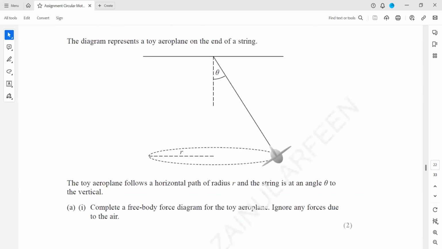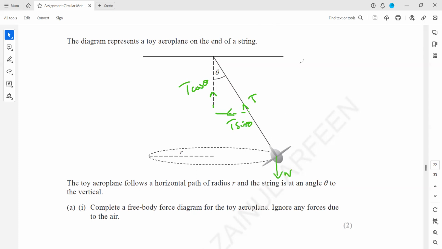If this is the tension, the tension will have two components: one along the angle, that will be T cosine theta, and the one against the angle will be T sine theta. T sine theta is responsible for circular motion and T cosine theta balances the weight.